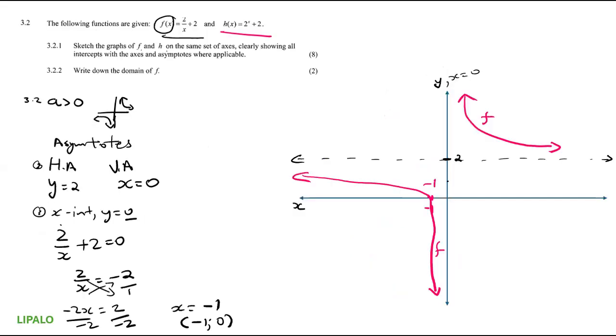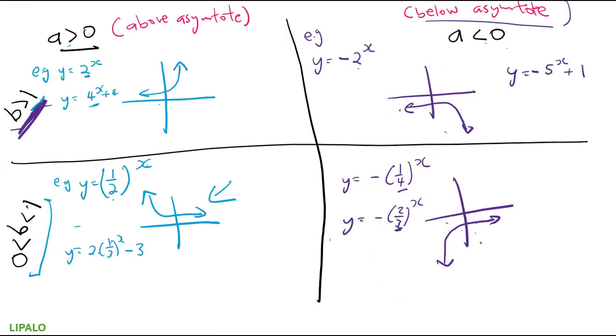Let's answer this question here. Sketching this one. First, A. My A is greater than 0. It's positive. My B, is it a fraction? No. My B is greater than 1. I go to my table. I know if B is greater than 1 and A is positive, this is the shape that I have.